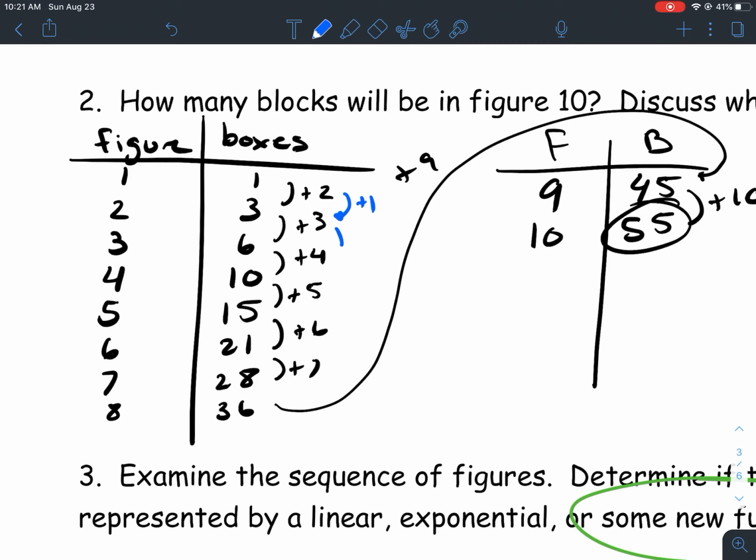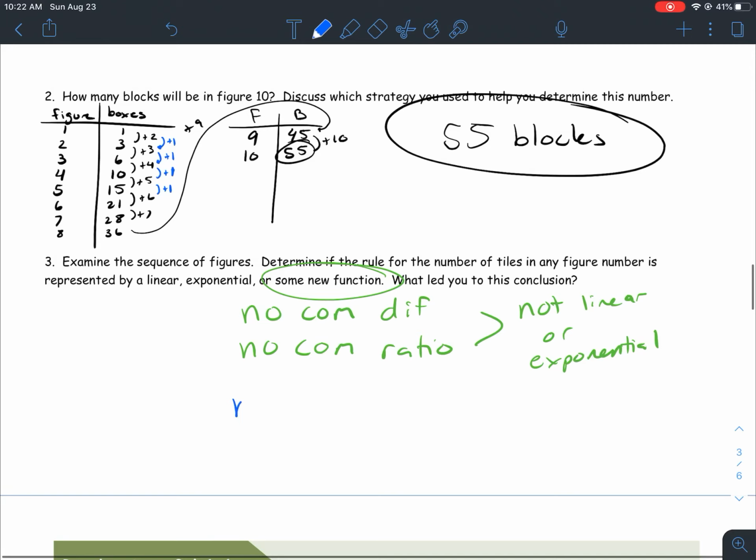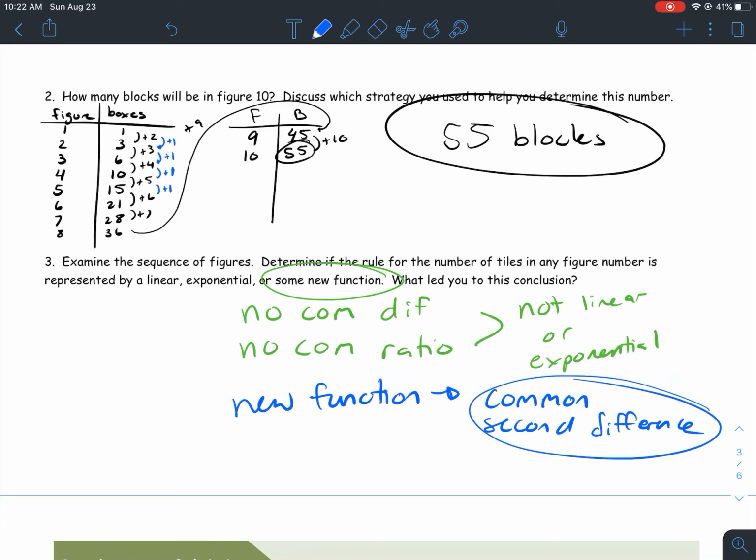This went up by 1. This went up by 1. This went up by 1. This went up by 1. So basically this new function that we're learning about has a common second difference. And this will be important going forward, so just make note of that. So this new function has a common second difference.